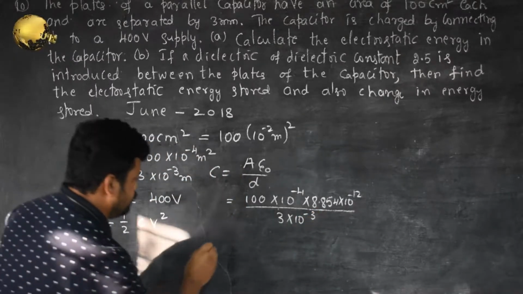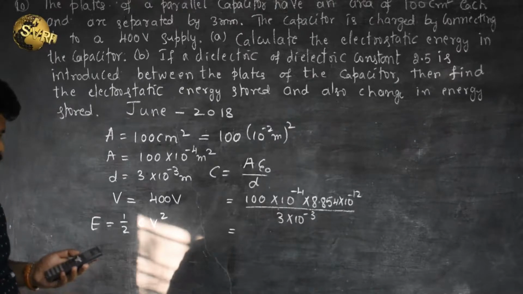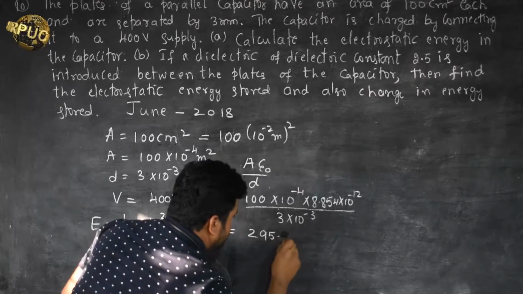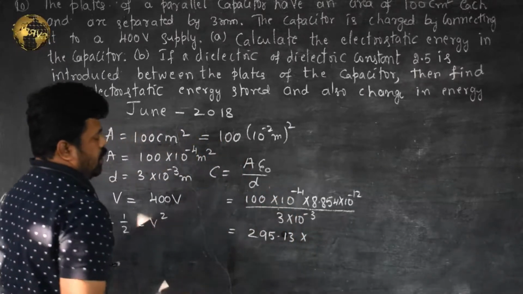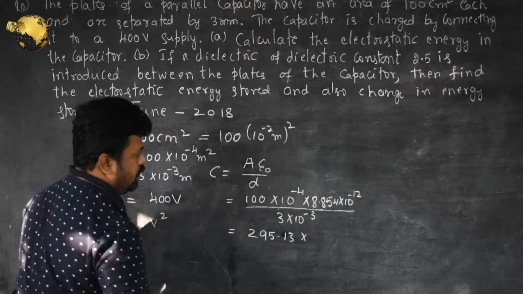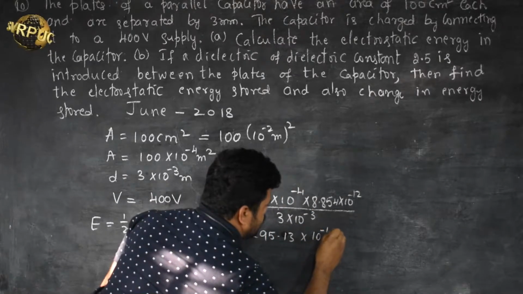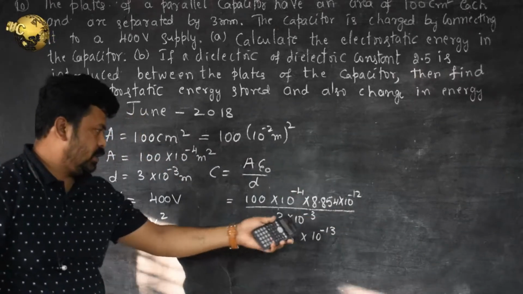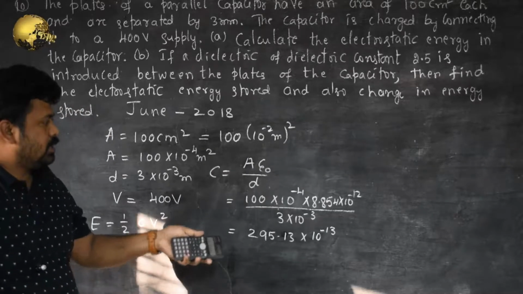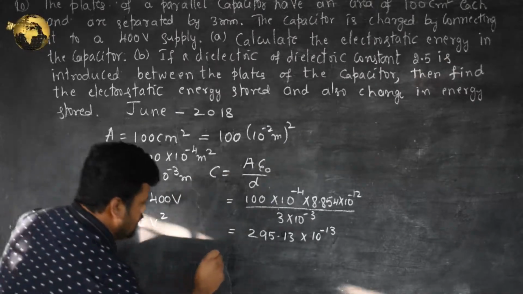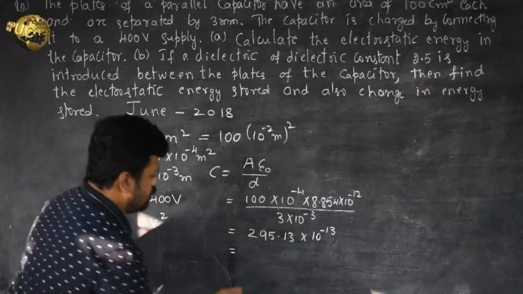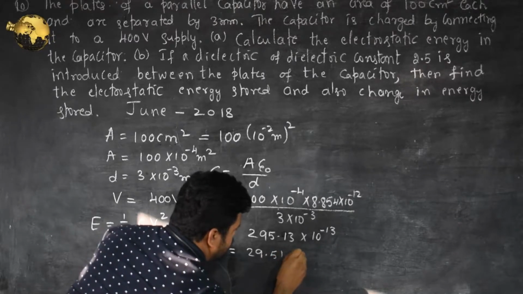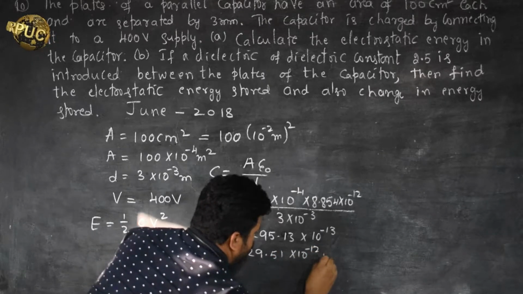So let's solve this. 295.13 into 10 to the power minus 16, and plus 3, so that is 10 to the power minus 13. You can also write this as 29.51 into 10 to the power minus 12 farad.